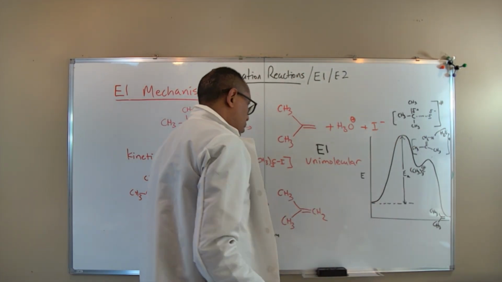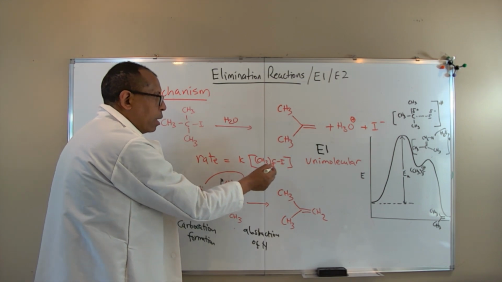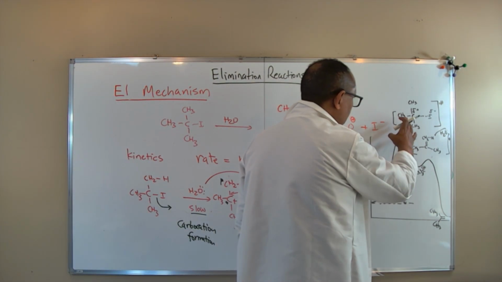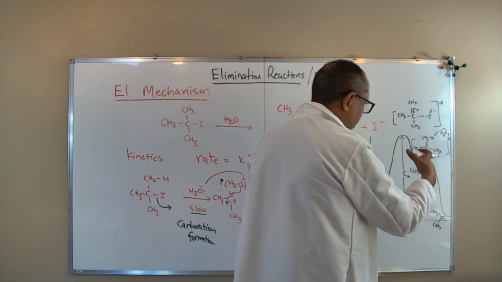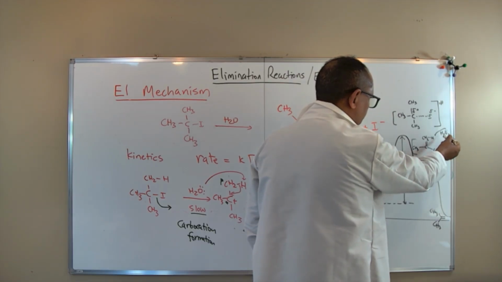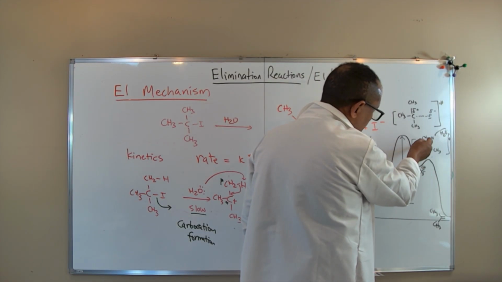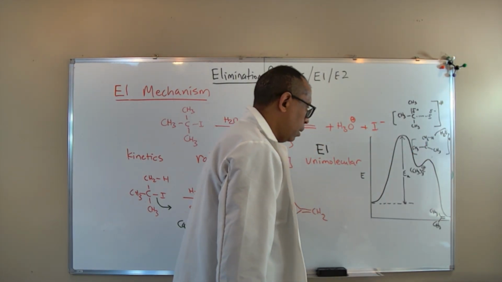In the transition state, as predicted, you would only have the alkyl iodide. After the carbocation formation, the next thing is a relatively faster process of abstraction of hydrogen by a water molecule to form this double bond, and finally you have the isobutylene product.